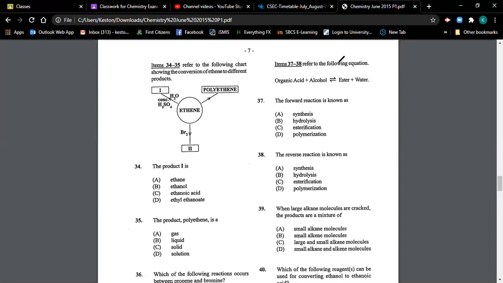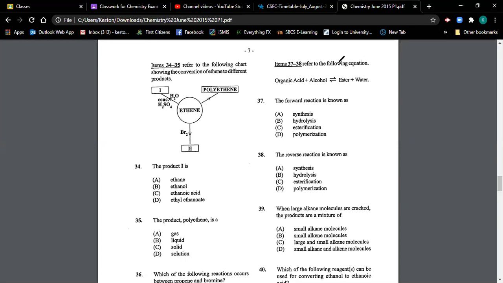Gas, liquid, or solid? I want to say C, solid. Yeah, okay. Polythene is a material that you'd use for most plastics. What are some of the uses of it? When you look at polymers, it's the most common plastic.